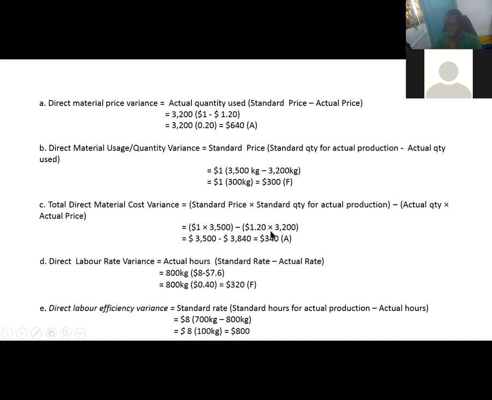When that is done, we will get 3,840. And do not forget, you are finding the difference. So you subtract 3,840 from 3,500. Amma, do that subtraction for us and tell us what you get.